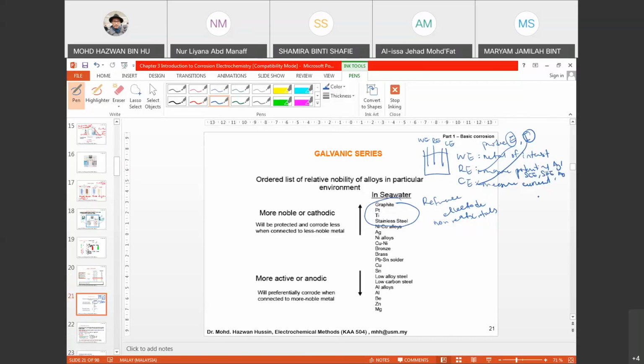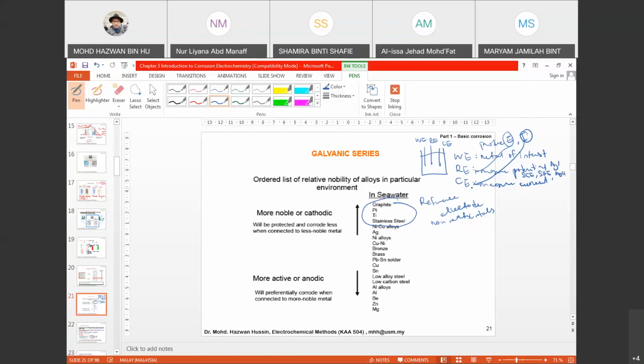Meanwhile, for the counter electrode, since it is to measure the current, the type of electrode must be inert. Then you will see that graphite, platinum, titanium, and stainless steel are used a lot as counter electrodes.